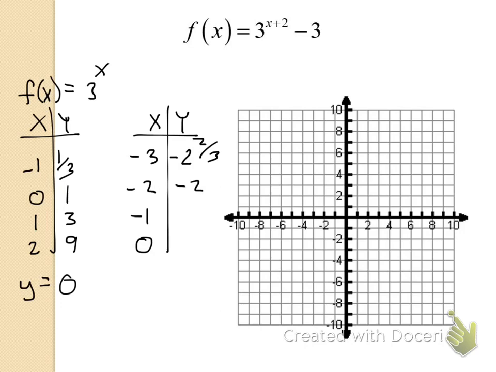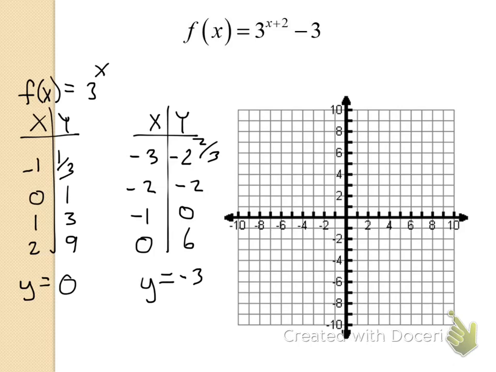Negative 2. What's 3 minus 3? 0. And what's 9 minus 3? And then also, the horizontal asymptote has been shifted down 3, so y equals negative 3.